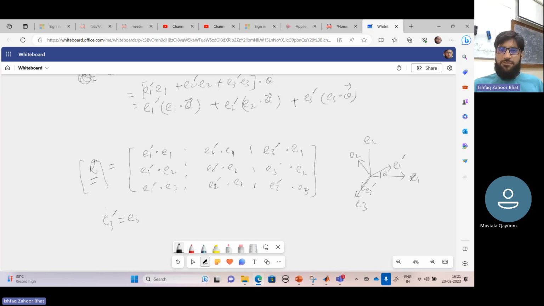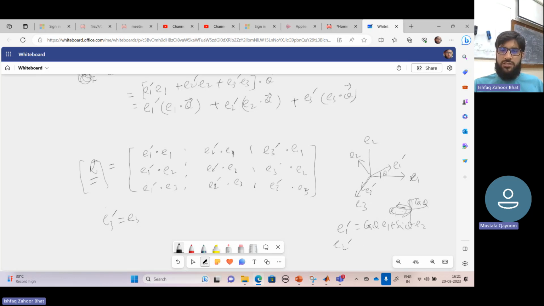So you can write E1 dash in terms of E1 and E2 as cos of theta E1 plus sine of theta E2.